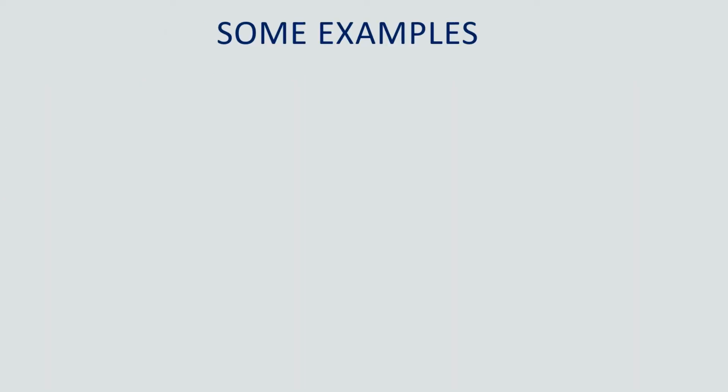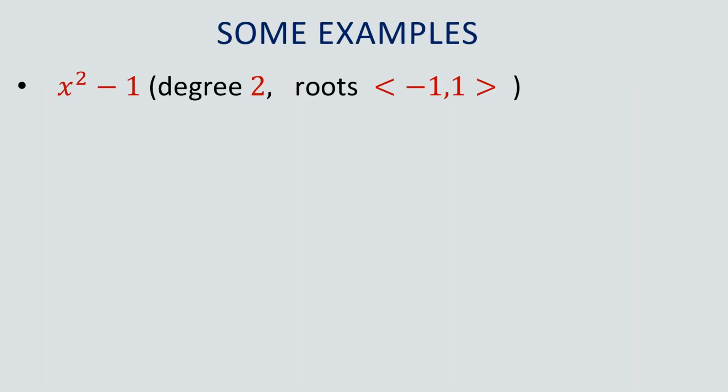So here are a few examples. Here we have a polynomial, x squared minus 1. It is degree 2, the highest power of x involved with a non-zero coefficient. It has 2 roots, and its roots are minus 1 and plus 1.